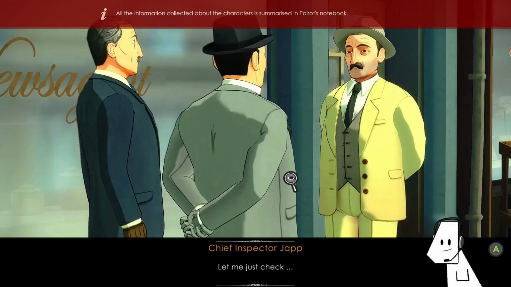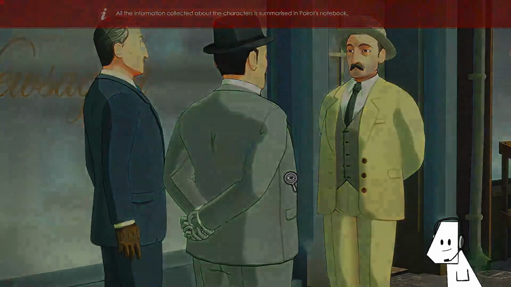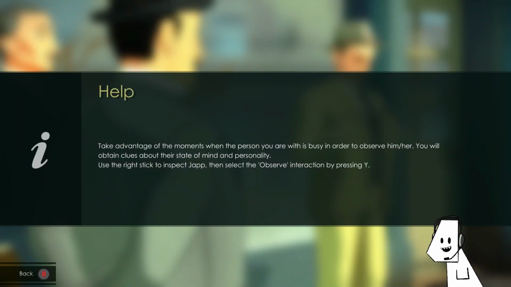Let me just check. Take advantage of the moments when the person you are with is busy in order to observe him/her. You will obtain clues about their state of mind and personality. Use the right stick to inspect Japp. Then select the observe interaction by pressing Y.